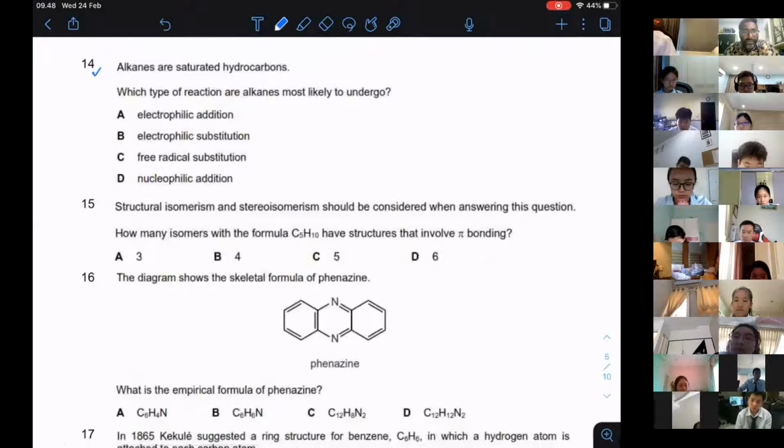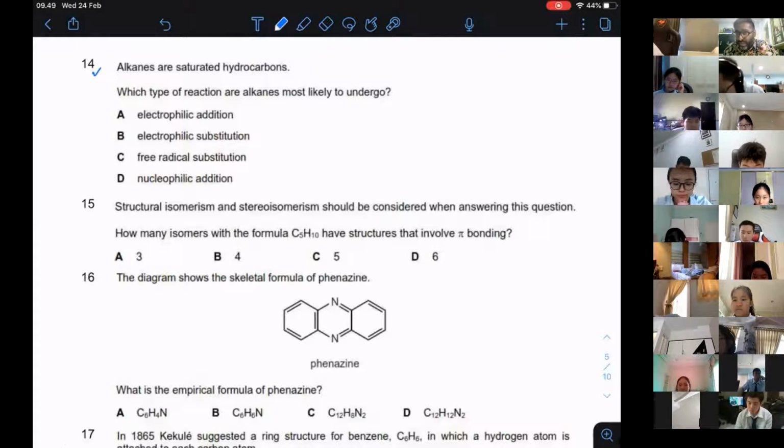Now, this one is something that you will learn later, but since we have learned about types of organic reactions, let's learn about this as well. Alkanes are saturated hydrocarbons. What type of reaction will alkanes undergo? Alkanes will always undergo substitution reaction. Here you have 2 types of substitution reaction.